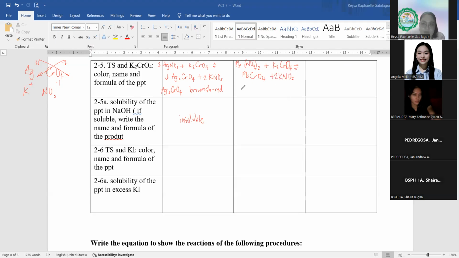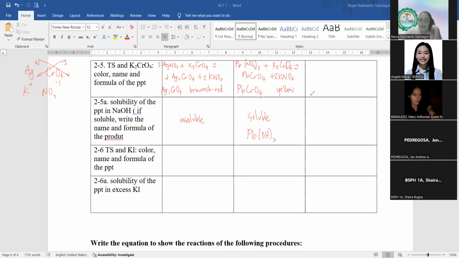It's already balanced. So again, this is our precipitate. It's lead chromate, and supposedly this is yellow in color. Please check. This is soluble in water, oh, in NaOH, I mean. It is soluble. So when it dissolves in NaOH, this will give us lead hydroxide, so they crisscross.